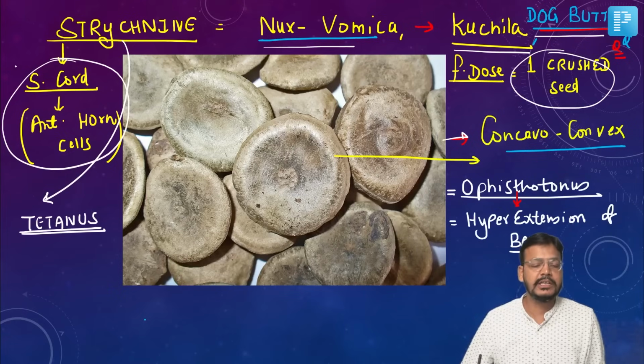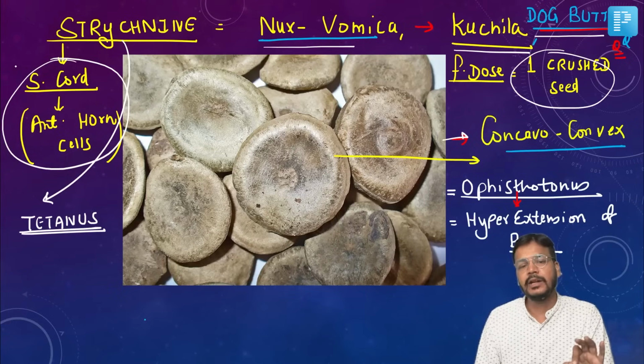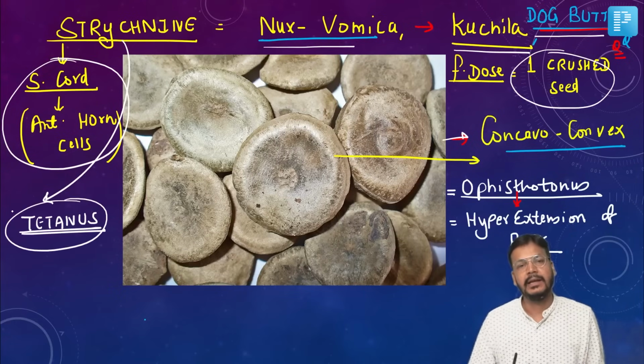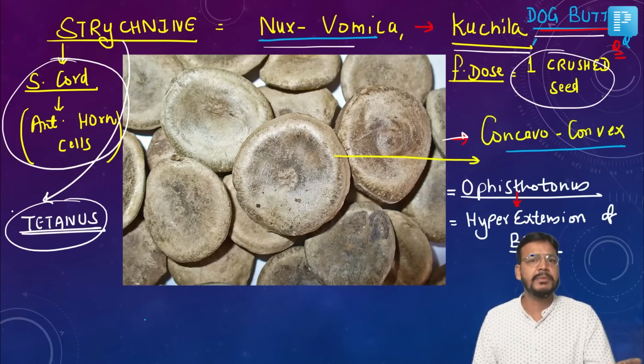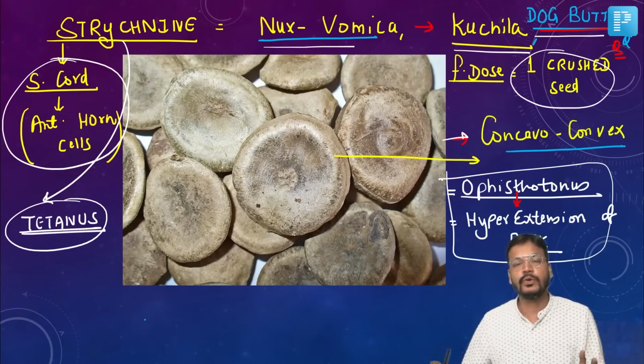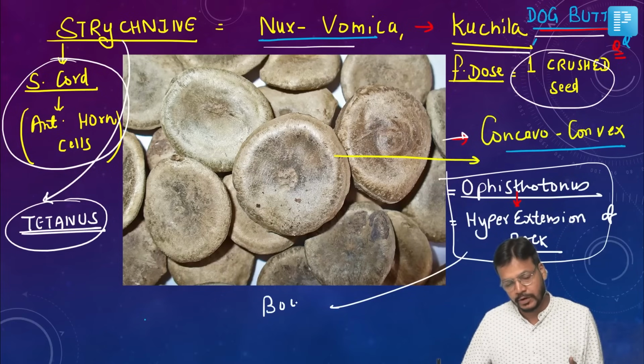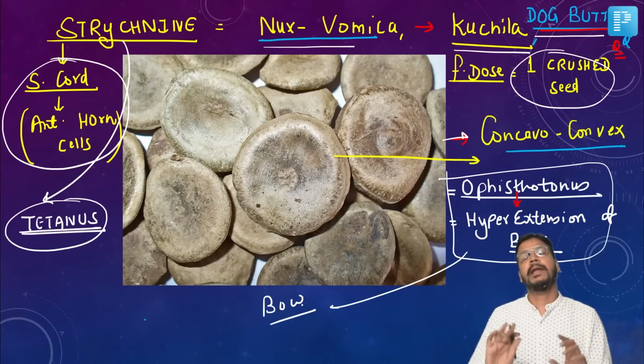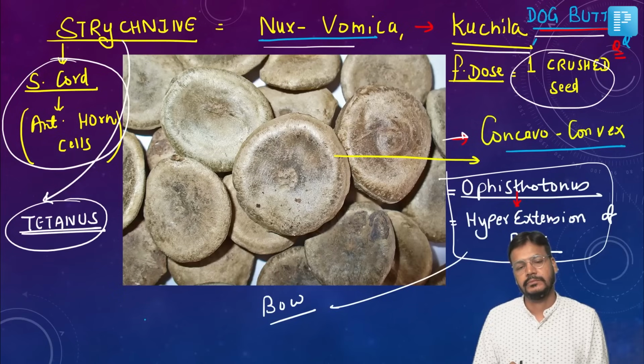It acts on the spinal cord, anterior horn cell, and it mimics a disease, like arsenic mimics cholera, it mimics tetanus. And sir, there is a condition which is opisthotonus. Opisthotonus is hyperextension of the back, just like a bow-like position.